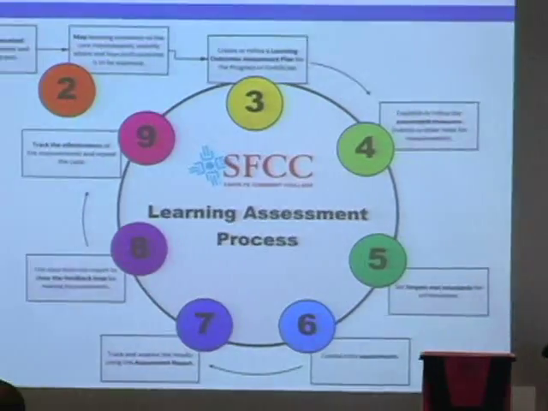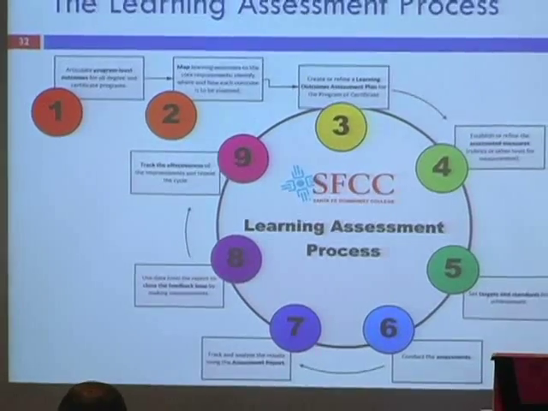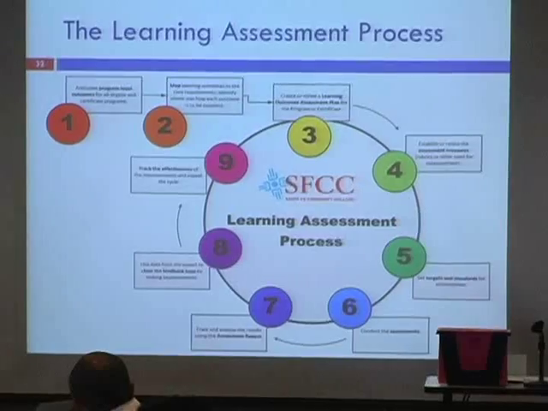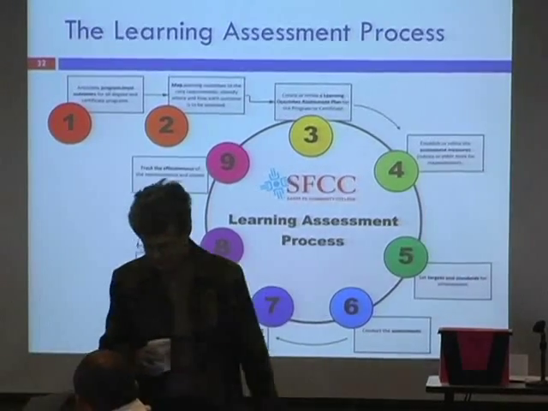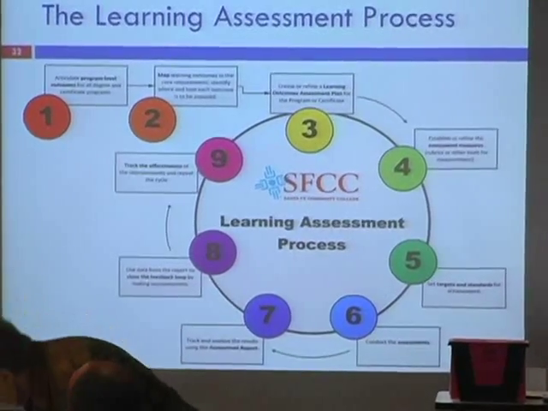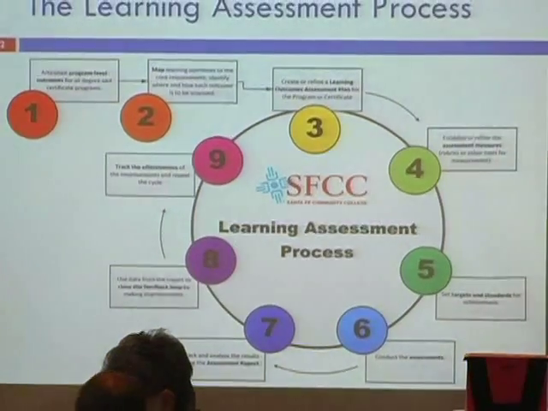And so the diagram, as you can see, is a circle, although some people call it a water wheel. It's the learning outcomes assessment process. And the most obvious characteristic is it's a loop. So when we in assessment, or as I like to say, we assessment monkeys, say that we want to close the loop, we mean assessment results are used to guide specific actions taken to improve either the process or student learning.